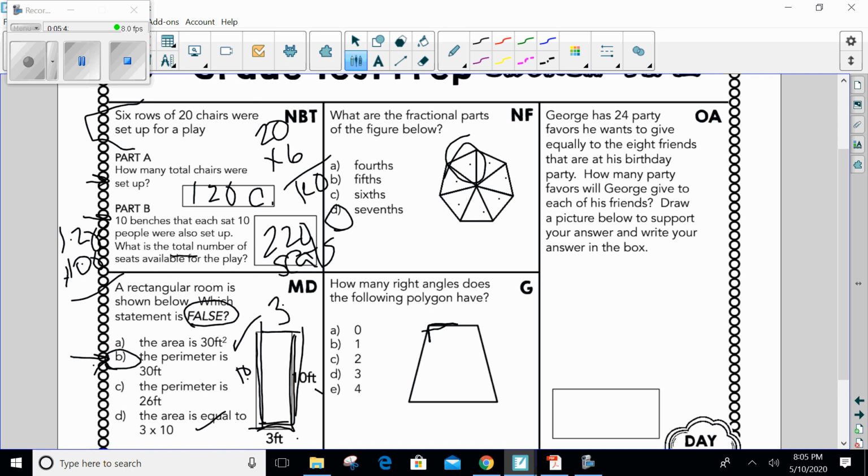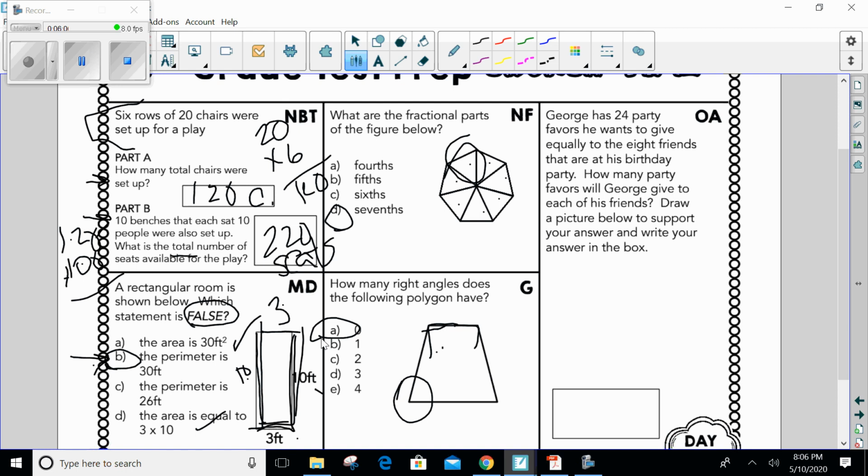I don't think so. Okay. This one is obtuse. This angle right here is acute. It is smaller than 90 degrees. This up here is larger than 90 degrees. It's obtuse. So you have 0 right angles in that polygon.